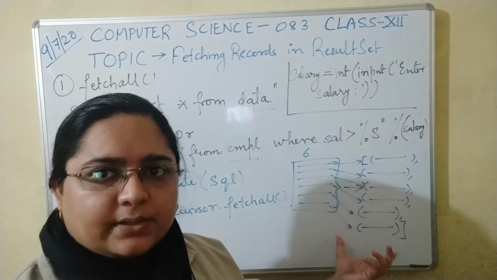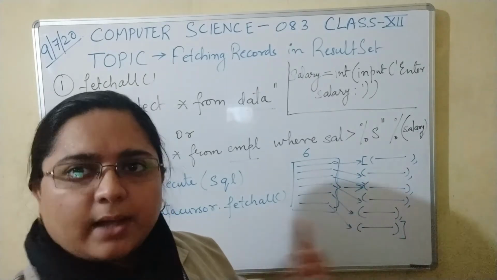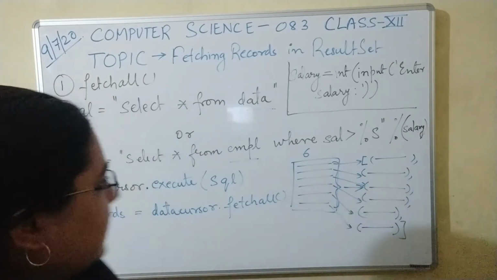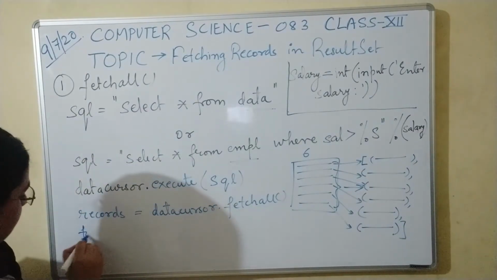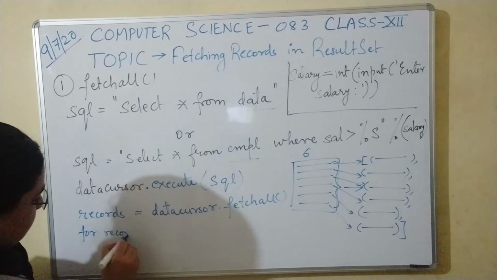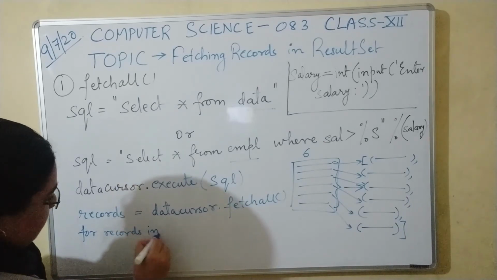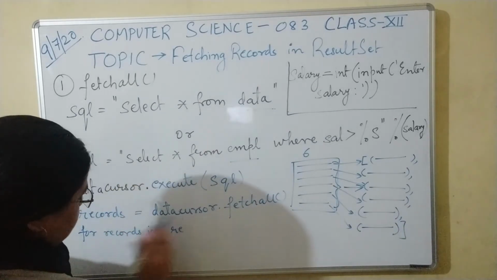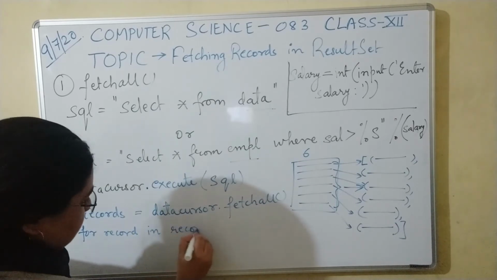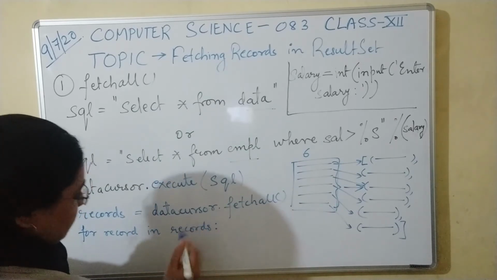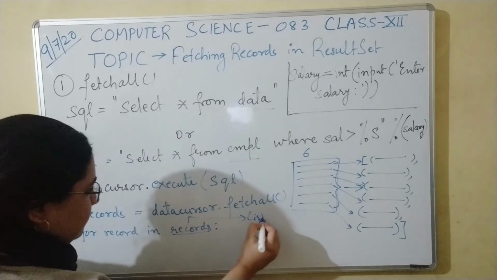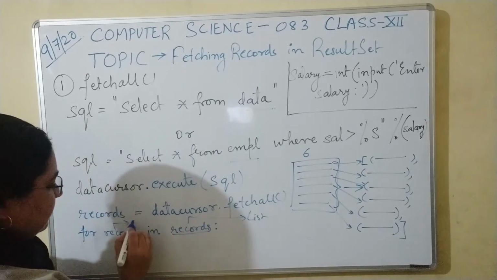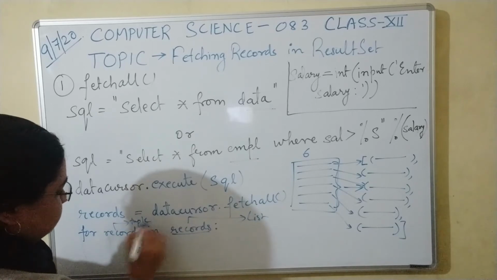We can extract this from the list one by one using a for loop: for record in records, where records specifies the list and record specifies an individual tuple.